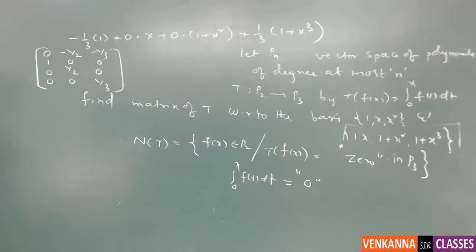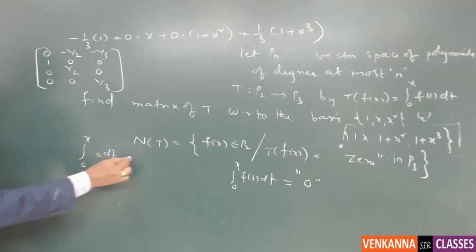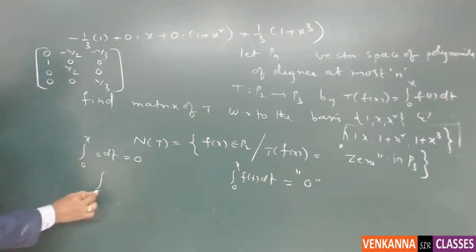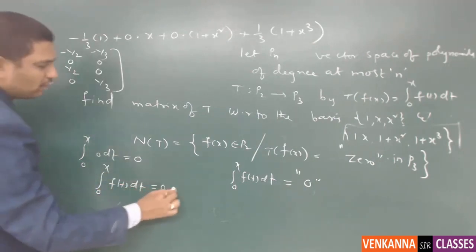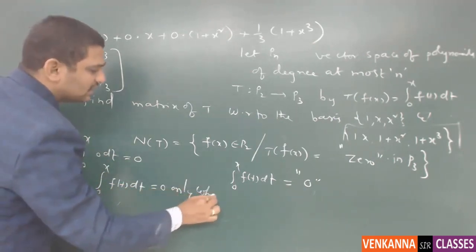If you take any non-zero value in the set of all polynomials P2, if you integrate that, will you get 0 as a result? Say yes or no? It means that the null space contains only the 0 polynomial, because integral 0 to x of 0 dt is equal to 0, and integral 0 to x of f(t) dt is equal to 0 only when f is 0.